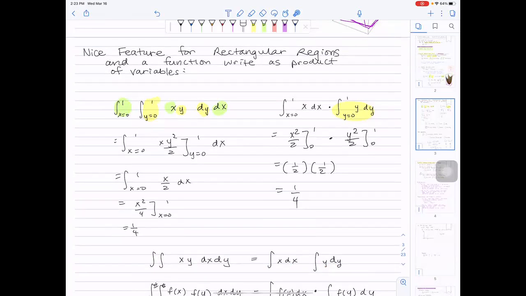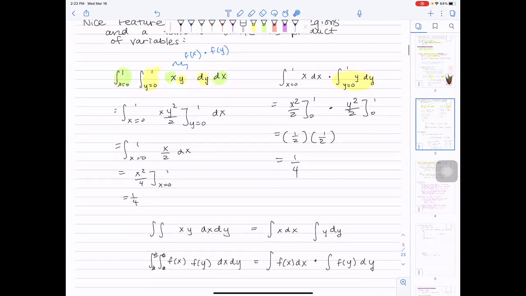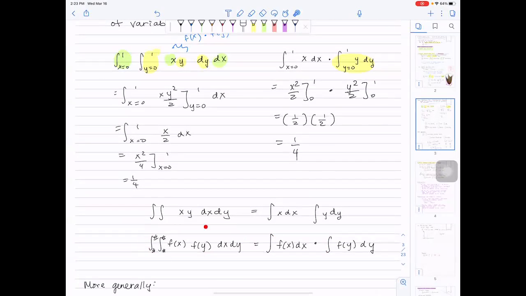And this expression here, we can write as some function with respect to x, where x is a variable, times a function of y, where y is our variable. So if we can split it up into something with some variable times a different variable, then we can separate those integrals. So more generally, this integral equals like this.